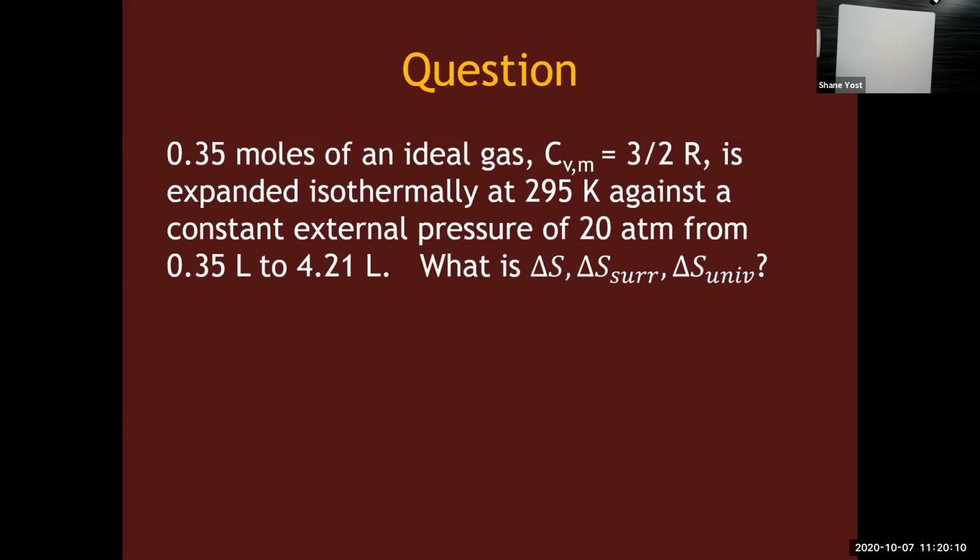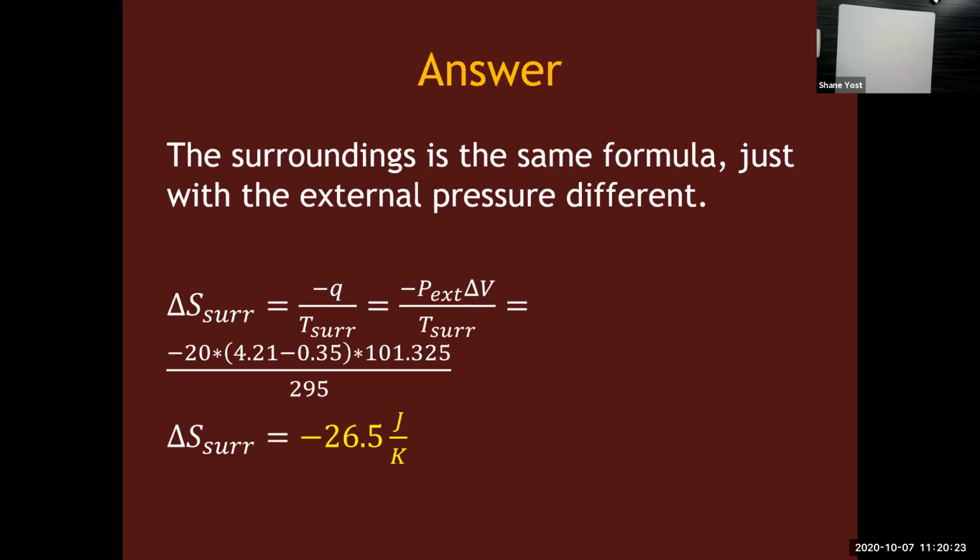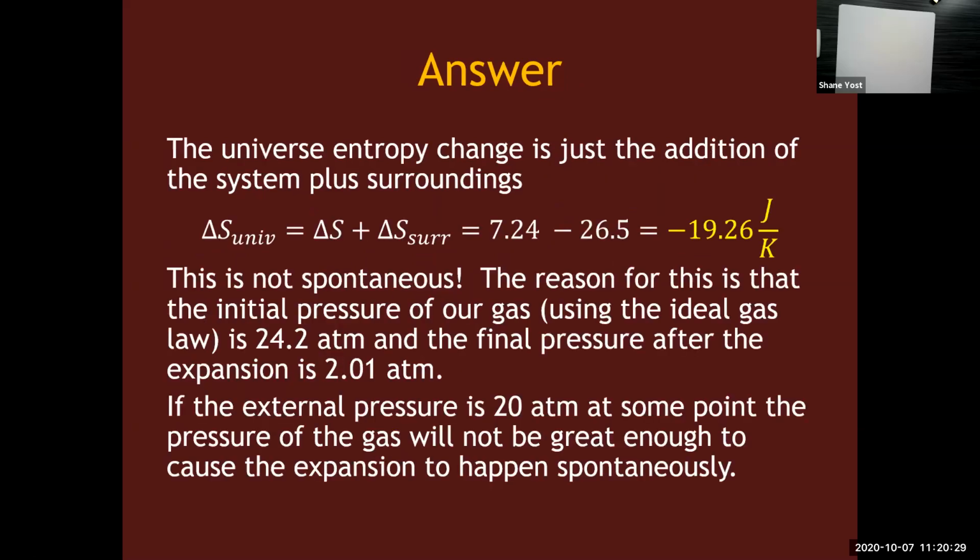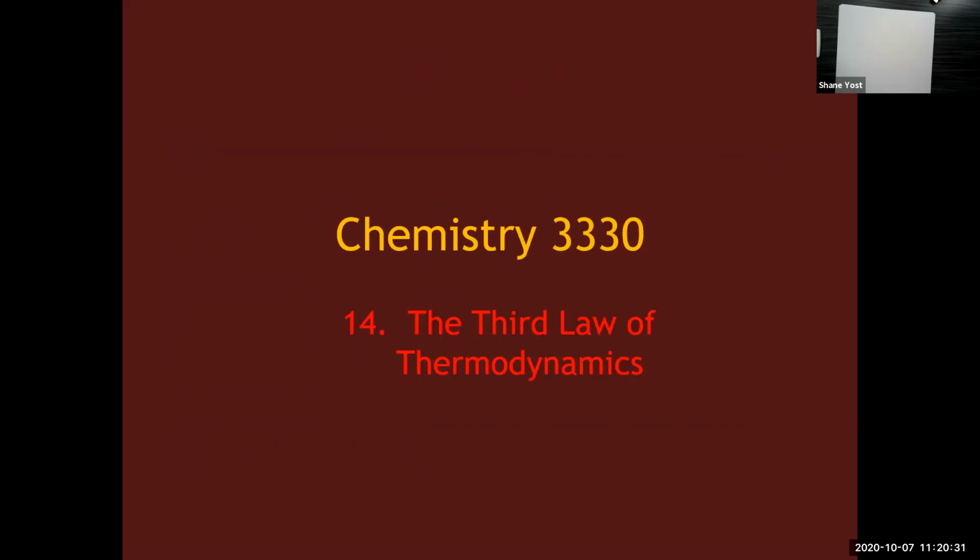So anyway, that's why the entropy change in the surroundings is different between the two problems. It's because the surroundings itself is different between the two problems. So that's why its entropy change is different. All right, so other questions about those examples?